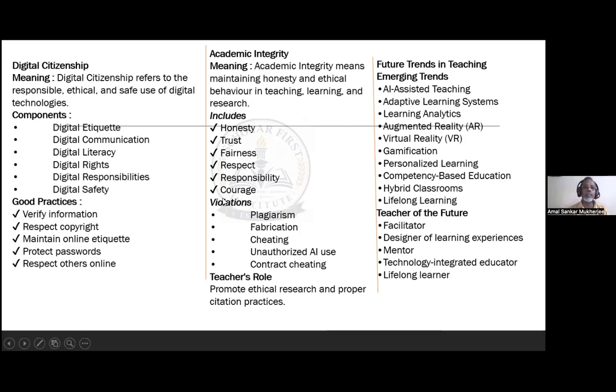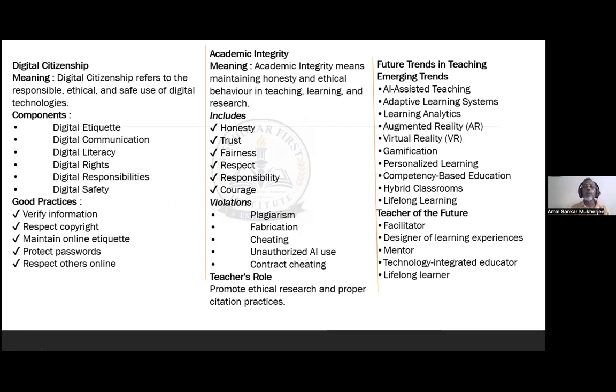Good practices in digital citizenship: verify information, respect copyright, maintain online etiquette, protect passwords, respect others online. So this is digital citizenship.